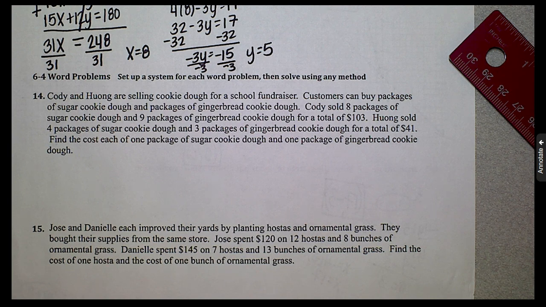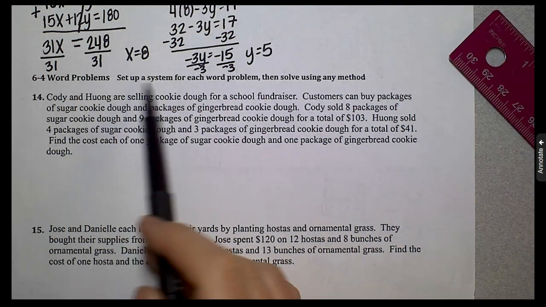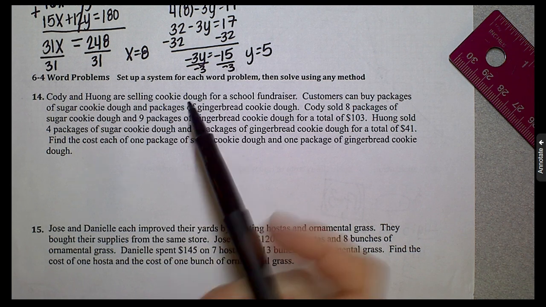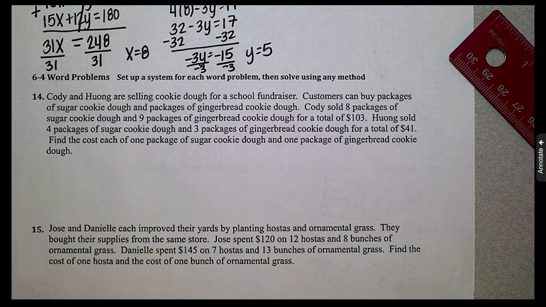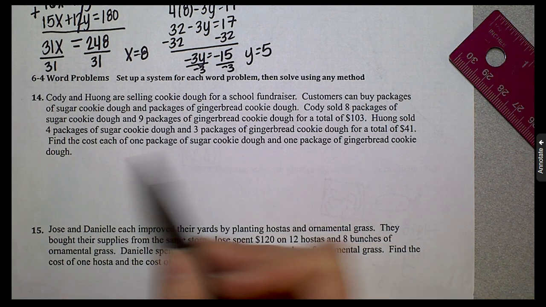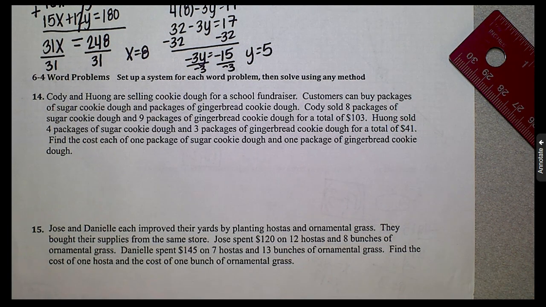Your main goal when you're starting, and I'm going to be specific with this in the directions, is that before it even says set up a system, it will say define your variables. So what does each thing mean? You can use S and G for sugar and gingerbread. I hate S's. They look like 5s.